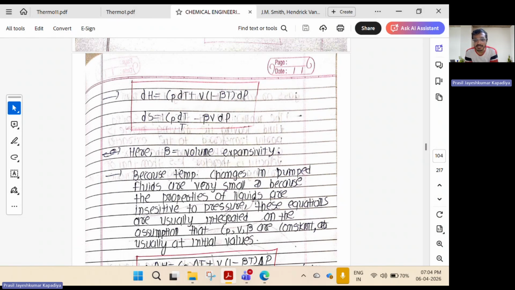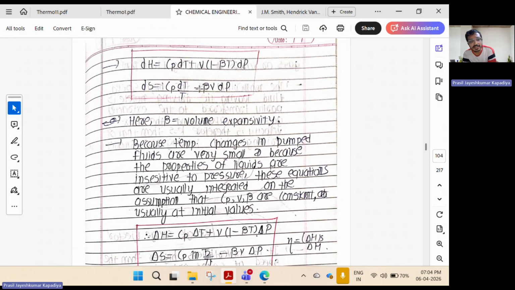Because the temperature changes in pumped fluids are really very small, and because the properties of liquids are insensitive to pressure, these equations are usually integrated on the assumption that Cp, Cv and beta remain constant.